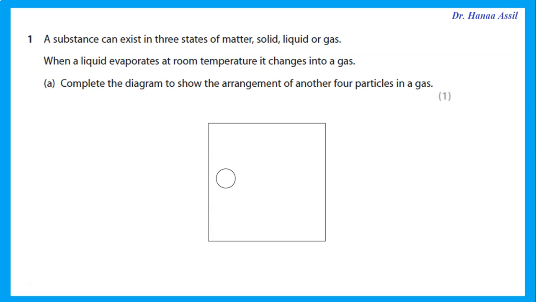So we want to draw 4 more particles if this is a gas. You should know that particles in a gas are randomly arranged, so they shouldn't be in any particular order, and they should be far apart, so it would be something like this.